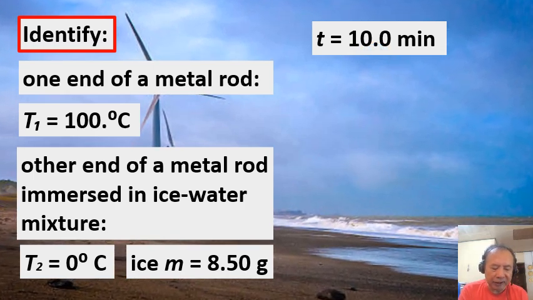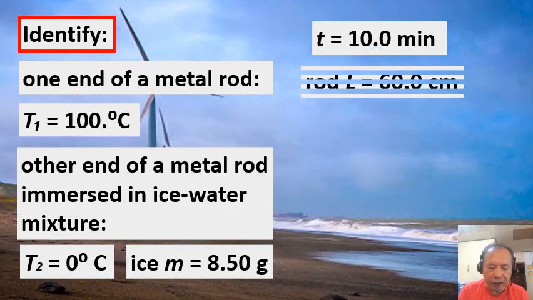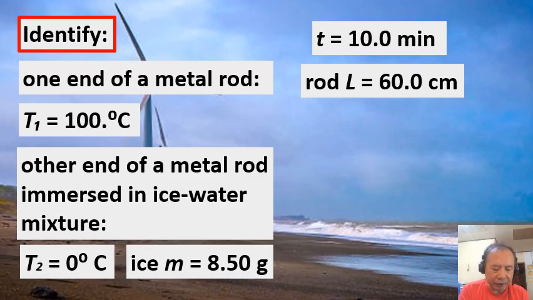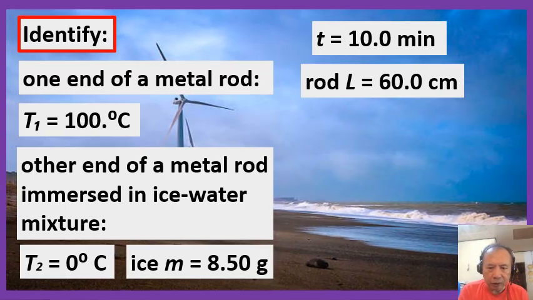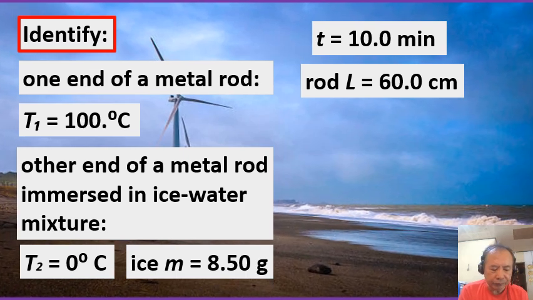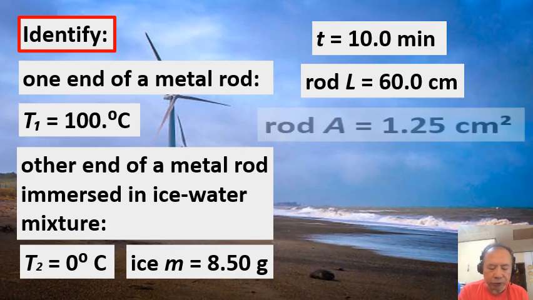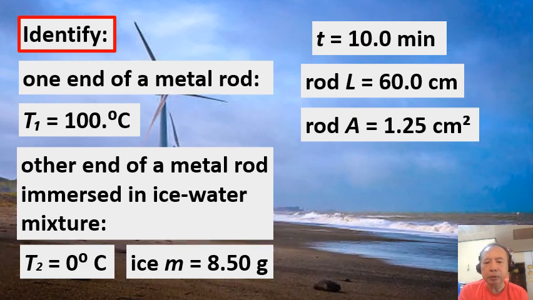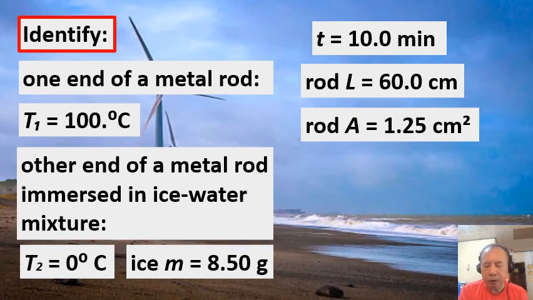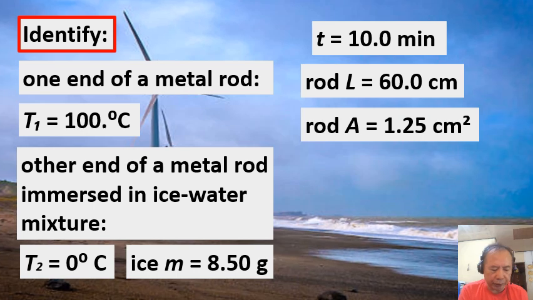The metal rod is 60.0 centimeters. That is the length of the rod. It also has a cross-sectional area equal to 1.25 centimeters squared.